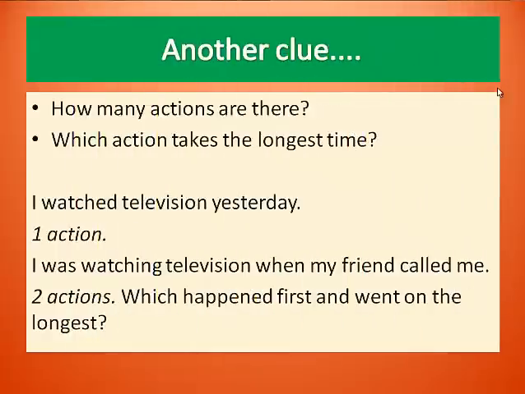Another clue. How many actions are there? Which action takes the longest time? I watched television yesterday. That's got one action. I was watching television when my friend called me. That has two actions.